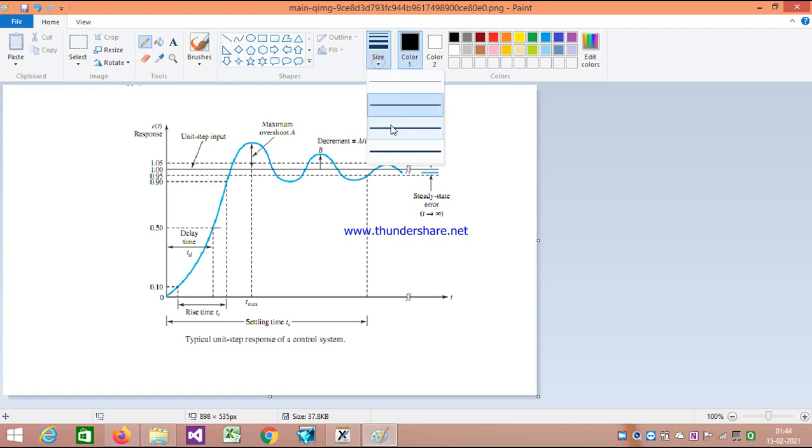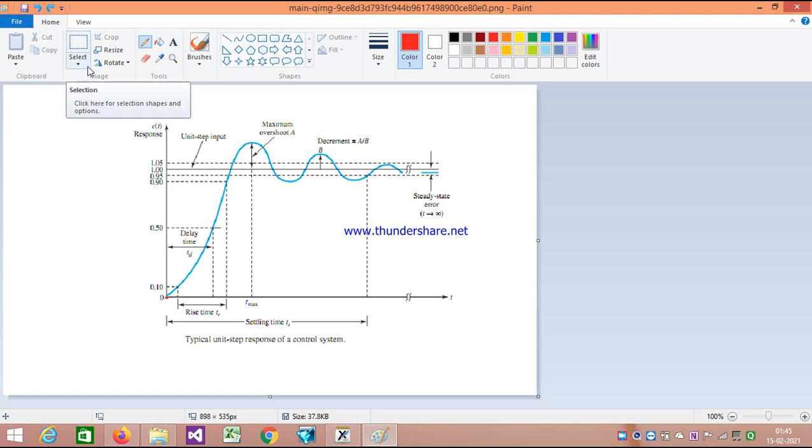Okay, see, this curve starts from the 0 point, goes increasing up to the maximum level, again comes towards the minimum level, again maximum level, again minimum level, like this, and as we go away, after some time it becomes stable. So this is called the system time response.